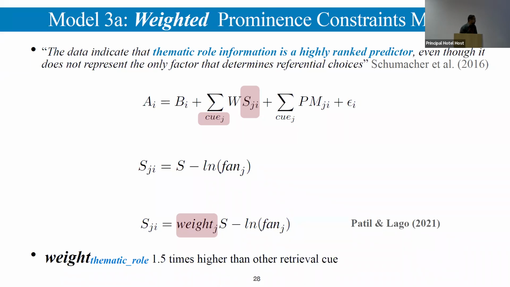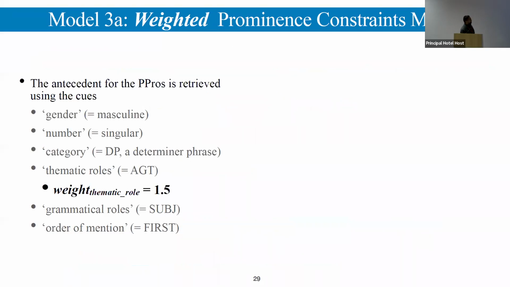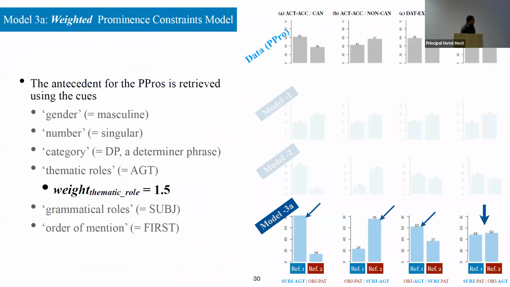We actually fit this value for personal pronouns. So we assign a weight 1.5 times higher than other cues. So thematic role is weighted higher. All other cues are equal. Everything else is the same as the previous model, just that we added one extra parameter. And it indeed performs better than the previous two models.